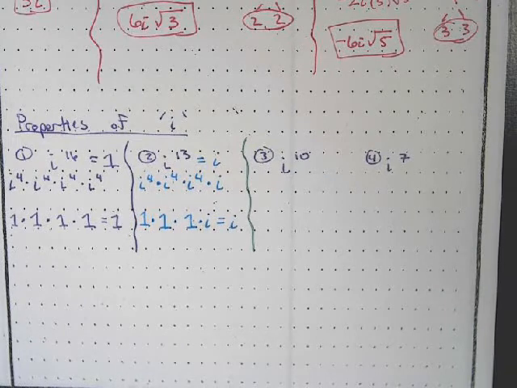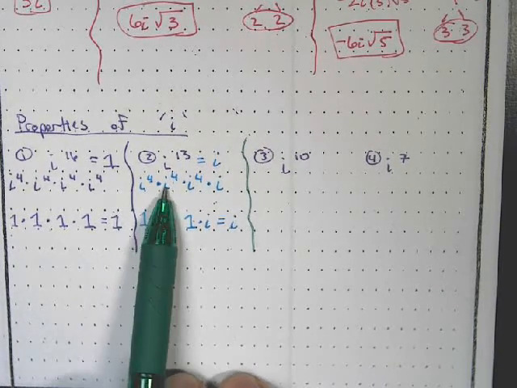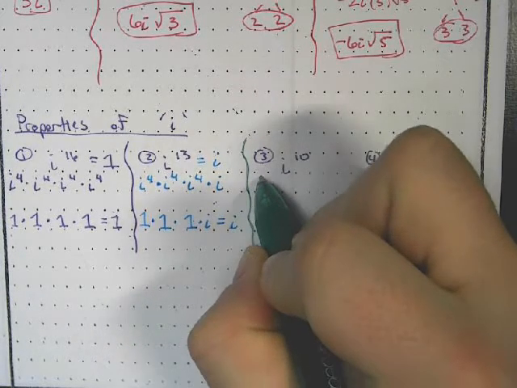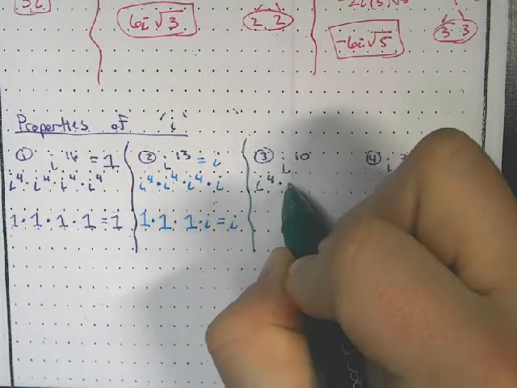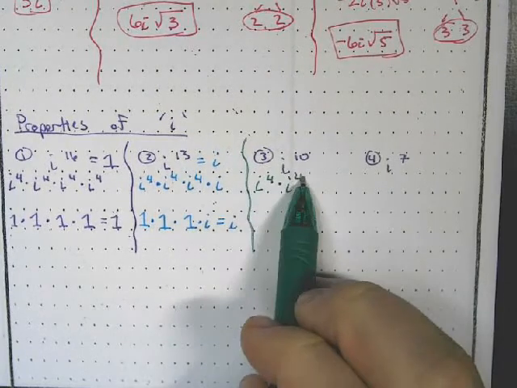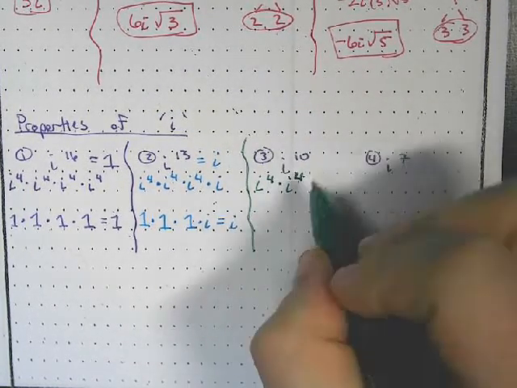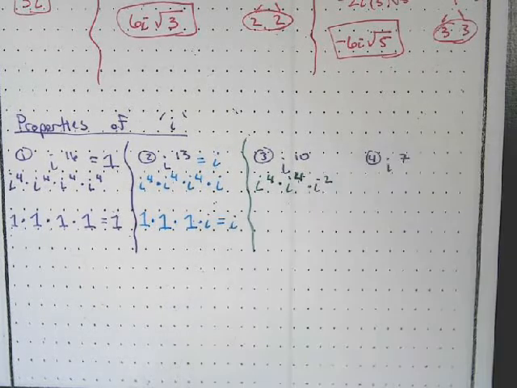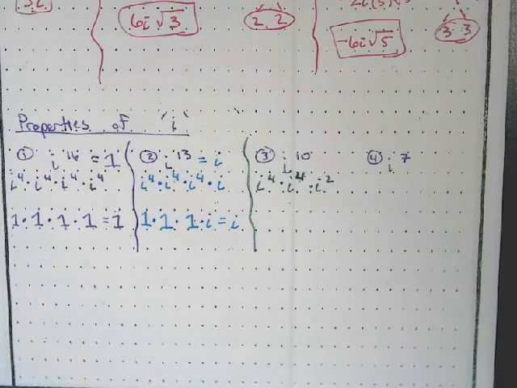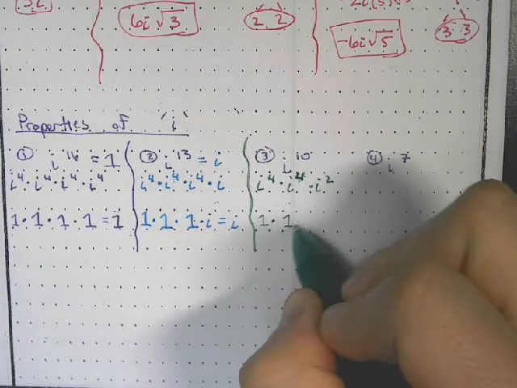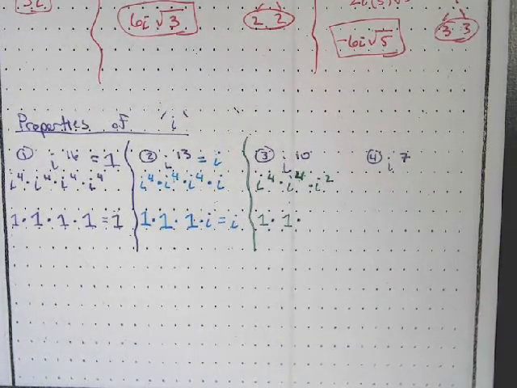Do the same idea with i to the 10th. We're going to do those i to the fourths until we get close to the 10, and then we'll fill it out with whatever we need. So i to the fourth times i to the fourth, that's 8. So how many more do I need to get to 10? If I have 8, I will need 2 more. So i to the fourth is 1, times i to the fourth is 1, times i squared.